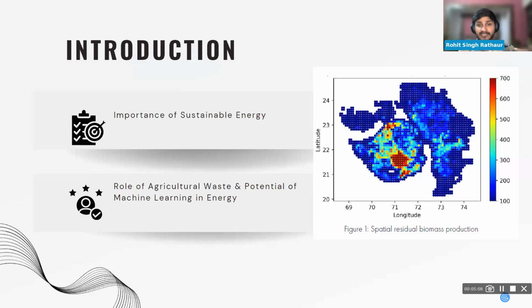It will help us design efficient supply chains, predict biomass availability and much more. Today, we will dive deeper into how machine learning is the game changer in making energy from agricultural waste. It is not just a possibility, but an optimized and cost-effective reality.